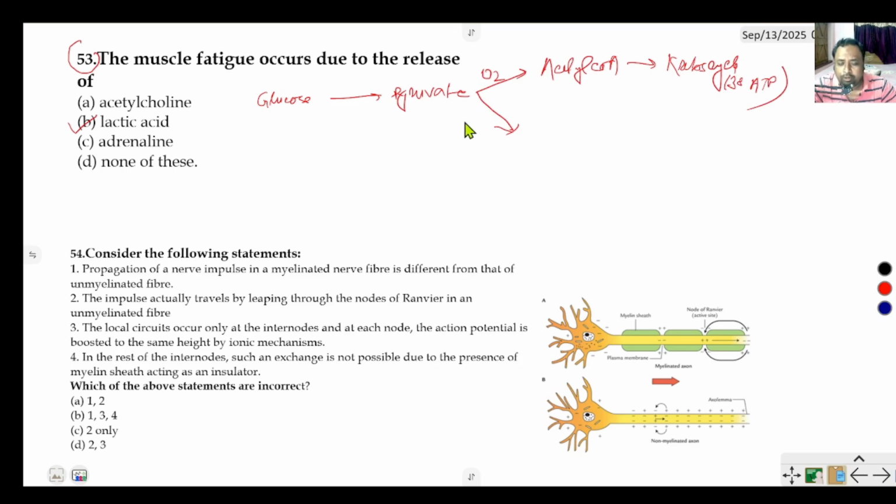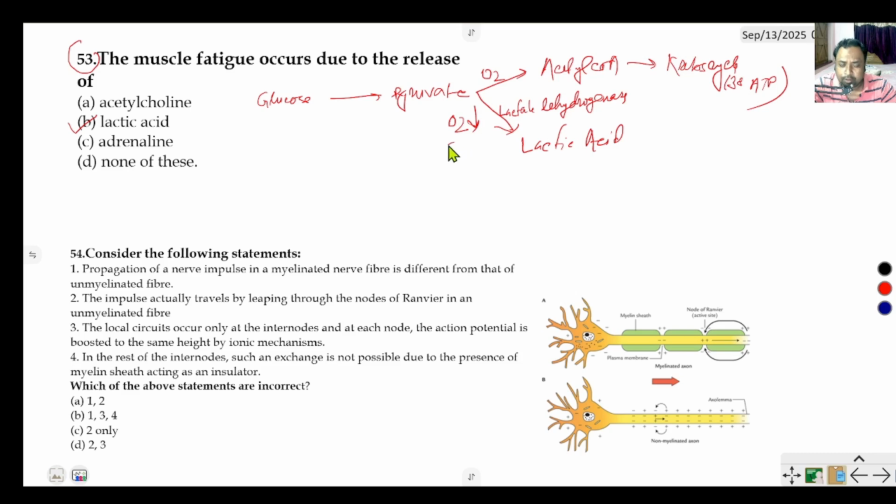But if oxygen supply is insufficient in our muscle, that means the oxygen level is decreased, then the pyruvate does not convert into acetyl CoA, but in the presence of lactate dehydrogenase enzyme, it converts into lactic acid.